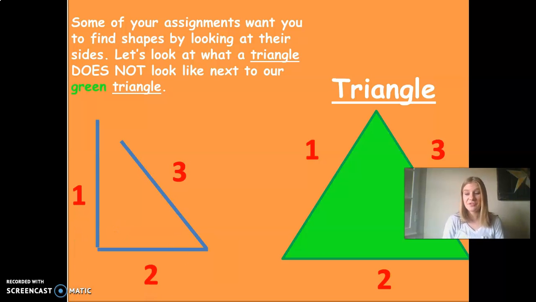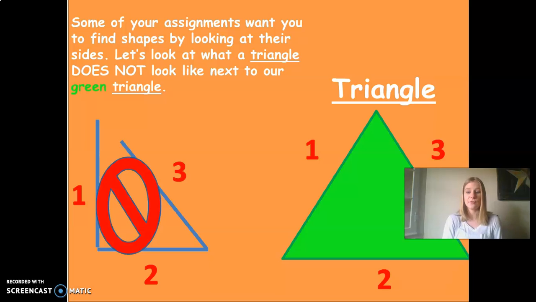Well, it does have 3 sides, but I noticed that all the sides are not touching. And I know if it's going to be a real triangle or a real shape, it has to have all of its sides touching so that it is closed. So if you see something that looks like this blue shape, it is not a real triangle, and that goes for all of the shapes.